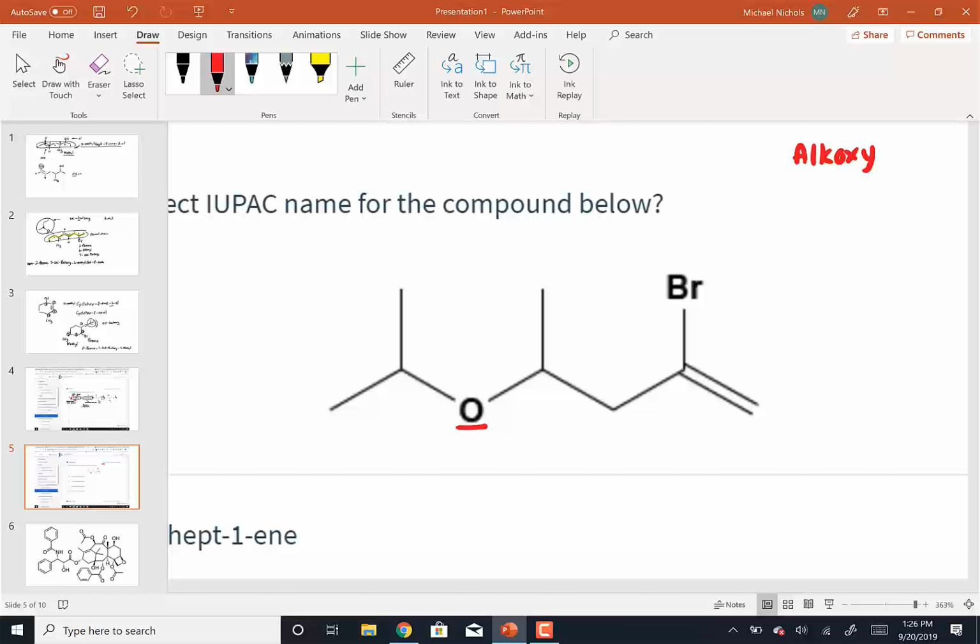So if I look at this molecule, I've got 1, 2, 3 carbons, and over here I've got more than 3 carbons. So that means that this group is going to be my substituent, and this group over here is going to become my parent chain.